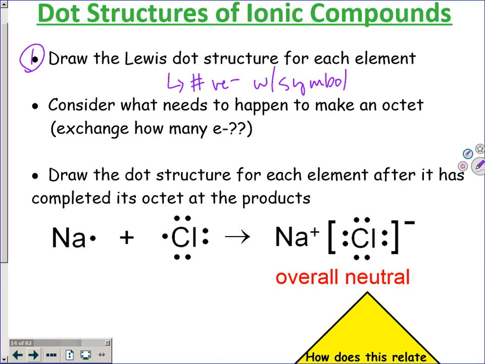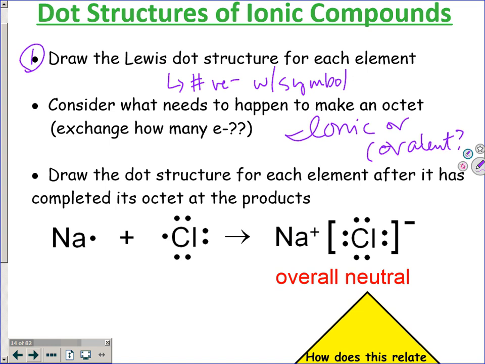After you've drawn your Lewis dot structure, you have to say, okay, is this going to form an ionic or a covalent bond? That's your thought first. And how would one know if it's going to form an ionic bond? So if it's a metal and a non-metal, or if the number of valence electrons are vastly different. Meaning, like, nobody's going to share here. We're going to have to transfer.